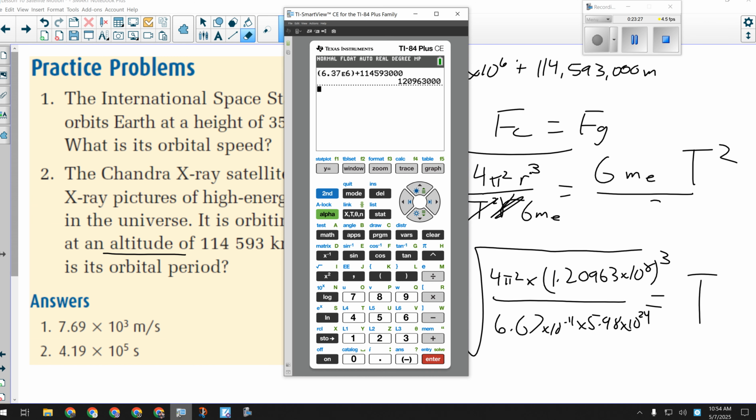So 4 pi squared, close the brackets, 1.20963 E8 cubed, divided by 6.67 E negative 11 times 5.98 E24.